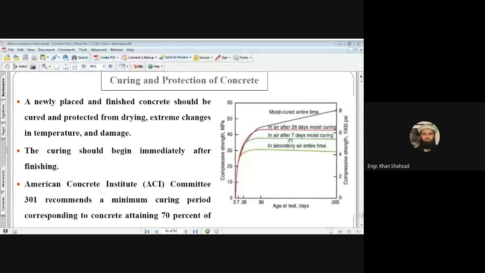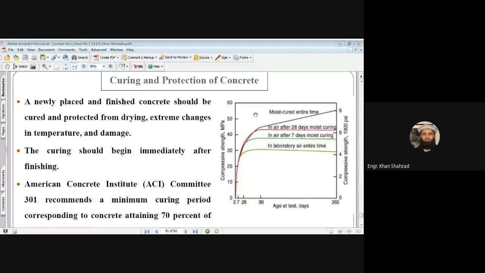If you are providing moist covering, or spraying water on the second concrete having the same properties, for 7 days, then its strength increases compared to this one. If you are providing curing for 28 days, then its strength is more than this one as well as this one. And if the concrete is covered for 1 year or 365 days, or in between, its strength increases further.